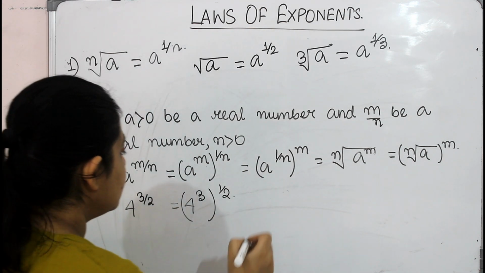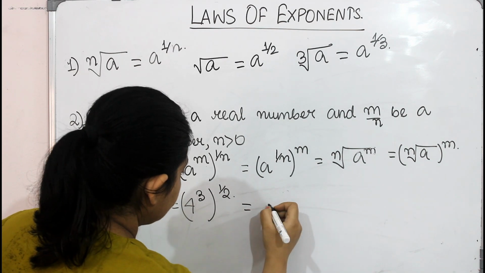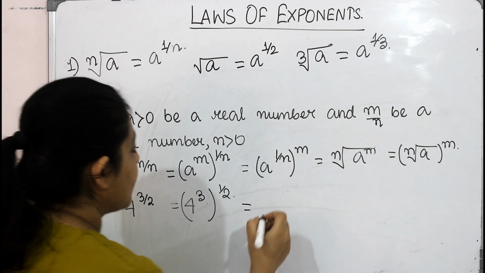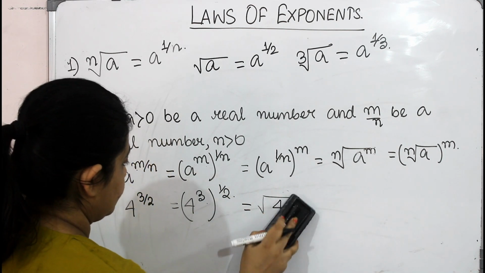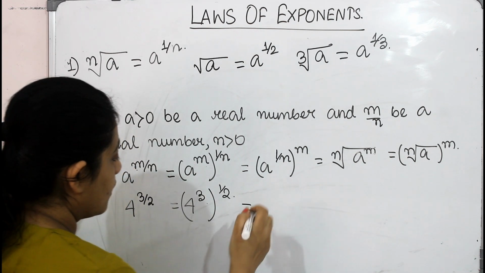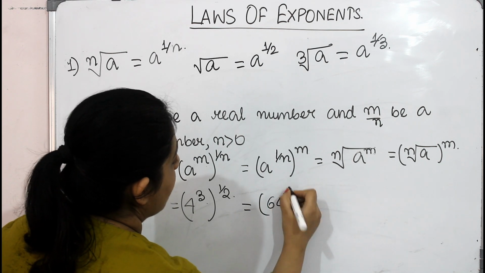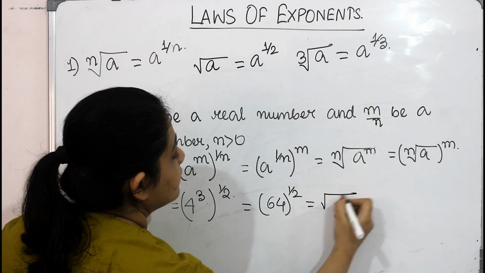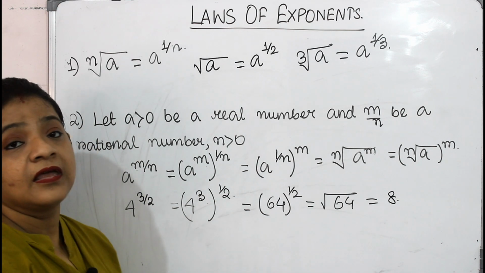So this half we can bring outside. 4 to the power of 3 is 64, so it is 64 to the power of half. That can be replaced as the square root of 64. So you are getting the answer as 8.